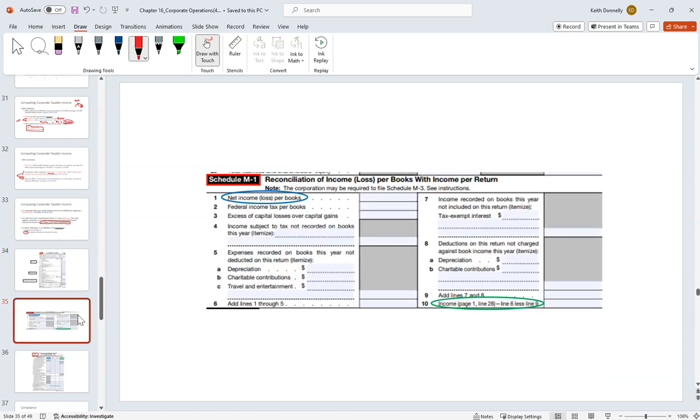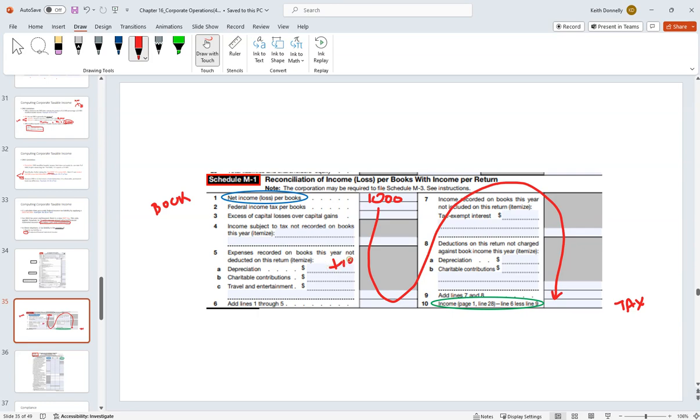One of, and perhaps the most important schedules when you're doing a C Corp return is the M1 in the balance sheet, the Schedule L. Essentially what happens here is you go from your book income to your taxable income. So maybe we had $1,000 on book, and the way the form works is it kind of snakes like that.